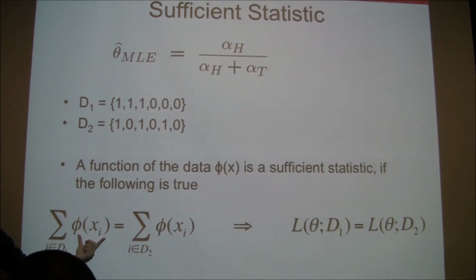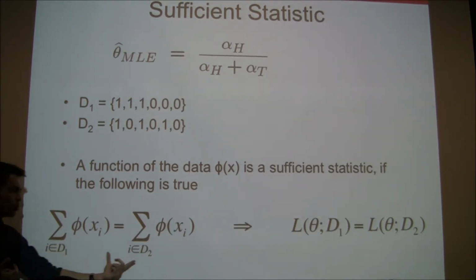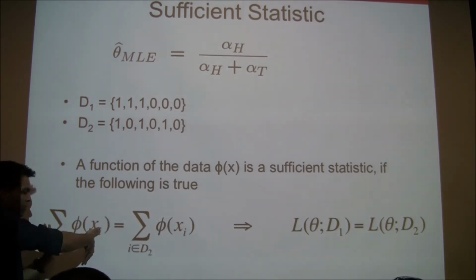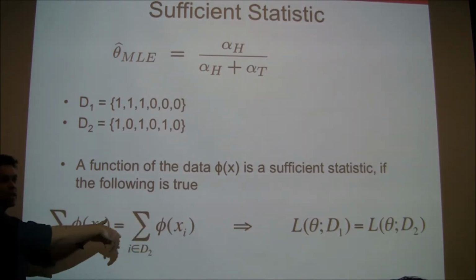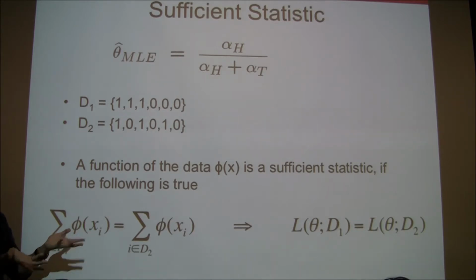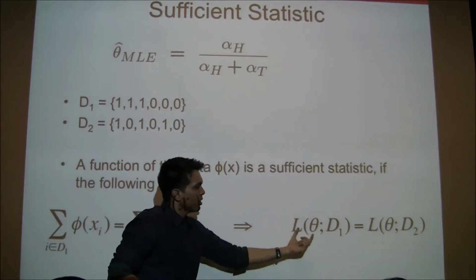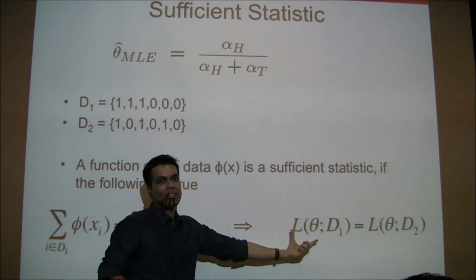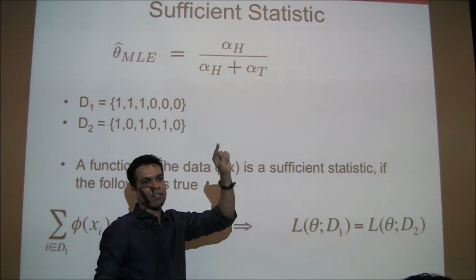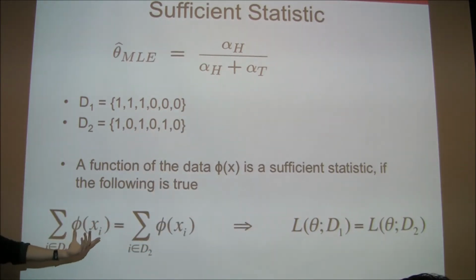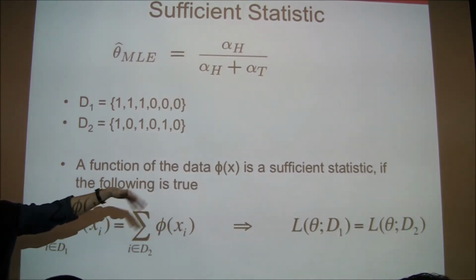If you sum that up over D1 and D2 and those are identical, which means the number of heads is the same in this data set and in that data set, and by the fact that there are only heads or tails, the tails also have to be the same. This is going to lead to the likelihood functions being identical, because theta to the power of alpha heads times 1 minus theta to the power of alpha tails. So whenever this holds, we're going to call this your sufficient statistic. This is all I need to know about the data set in order to perform the likelihood-based computation.